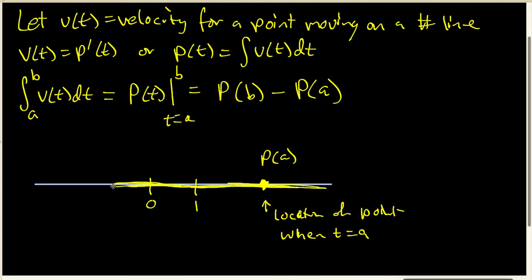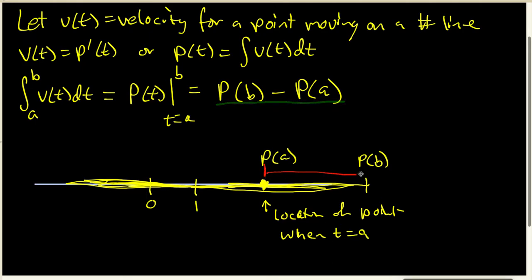But you can see how my cursor is going back and forth, and that comes all the way back here, and this would be p of b. Now, if I think about what this actually is, it represents the distance from this point out to that point. And that is hardly the distance that we actually traveled.